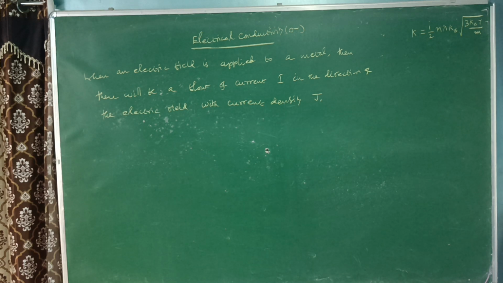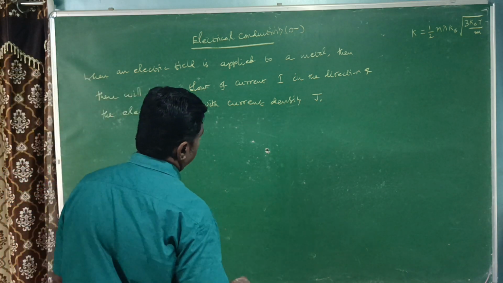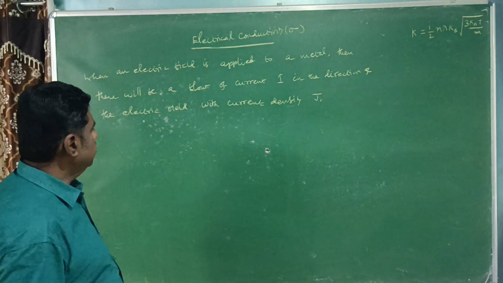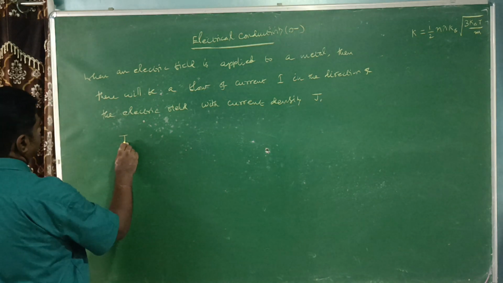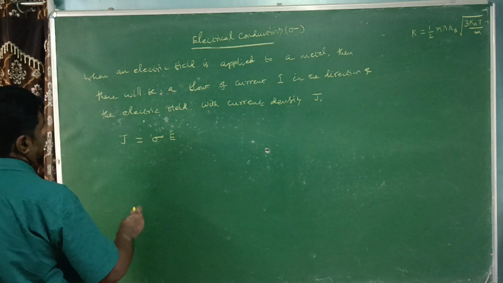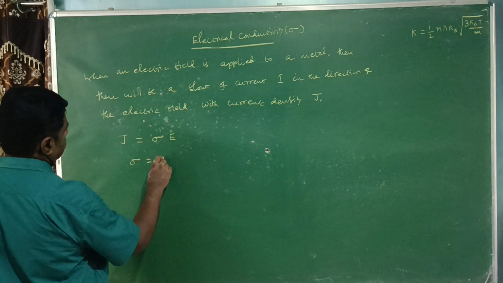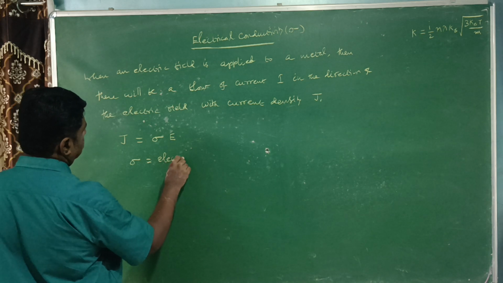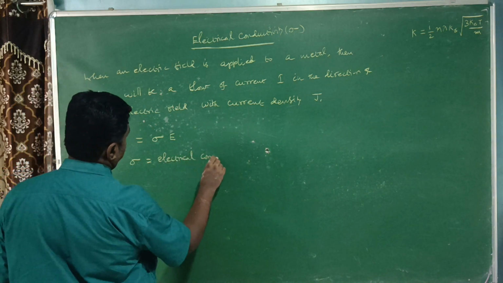When an electric field is applied to a metal, then there will be a flow of current I in the direction of the electric field with current density J. Current density J is nothing but I by A. The value of current density is equal to sigma into E. Here sigma is our electrical conductivity.